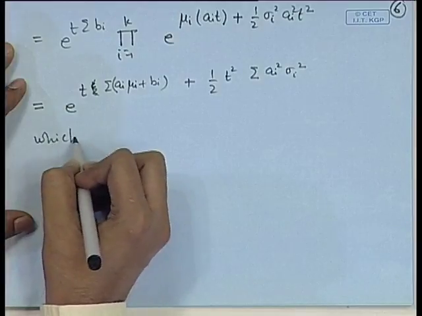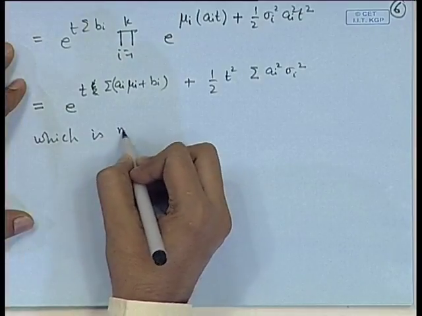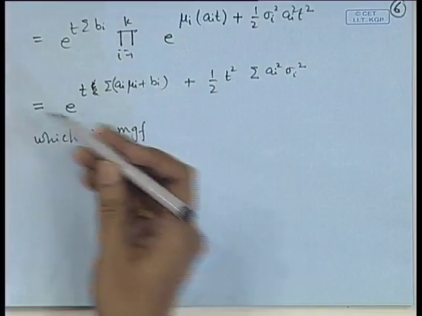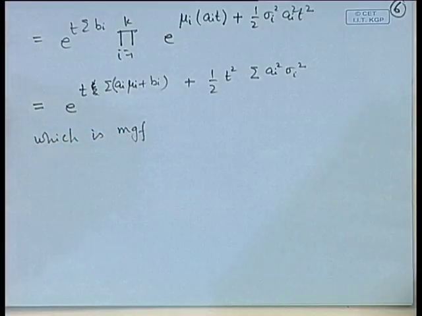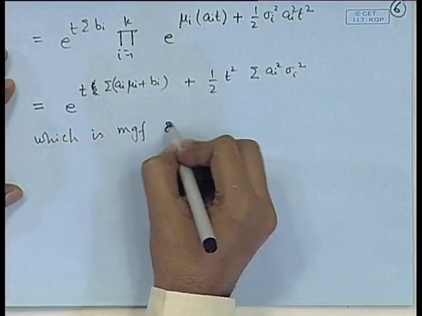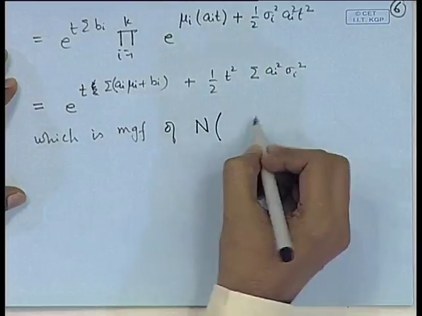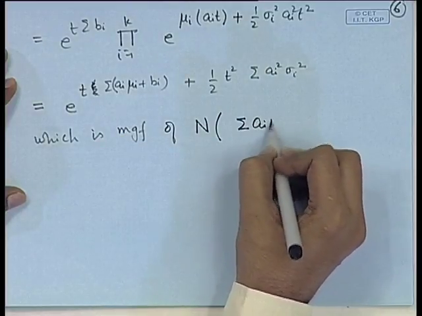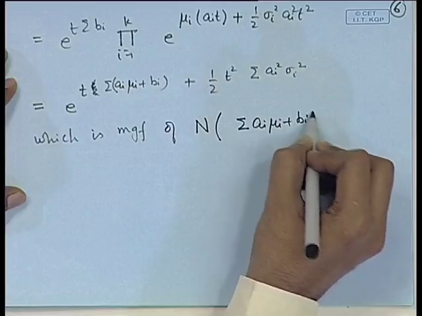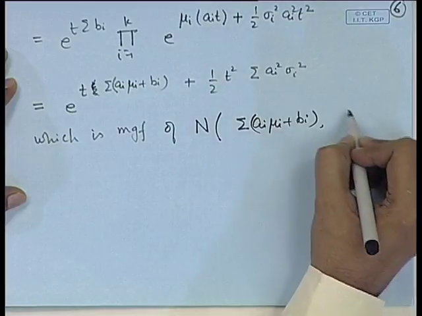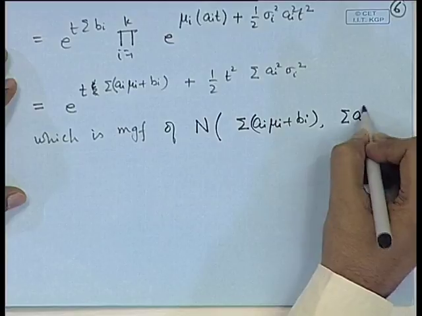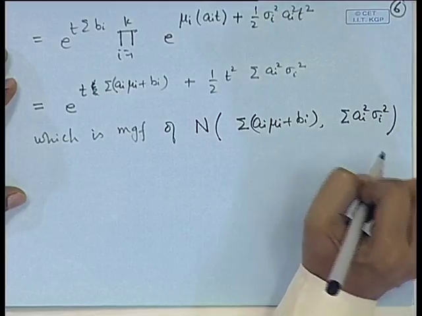Now, this we can identify as the MGF of a normal distribution with mean sigma a i mu i plus b i and variance sigma a i square sigma i square.